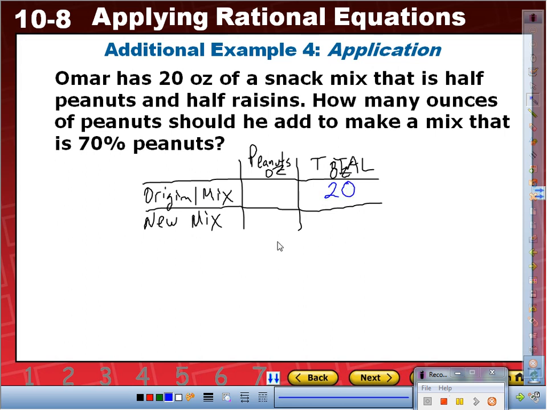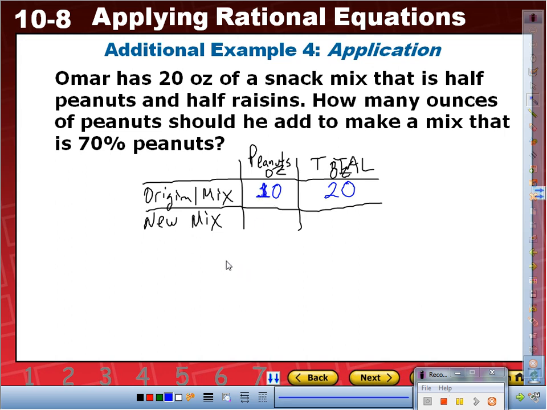So therefore, in the original mix, if the total is 20 ounces, and it says half of it is peanuts, so how many ounces are here? 10. So that goes here.